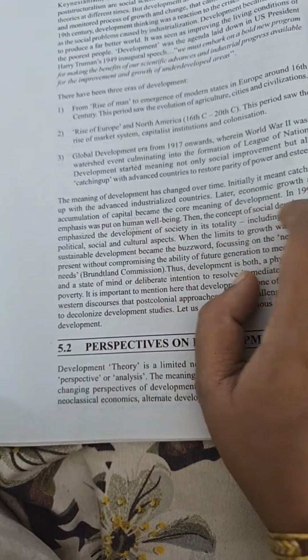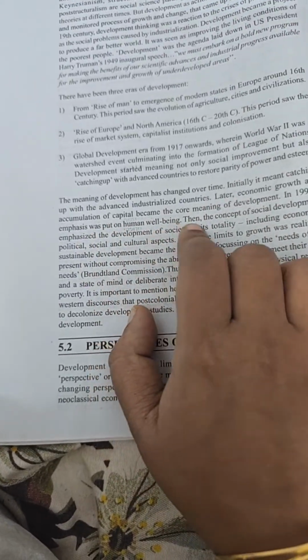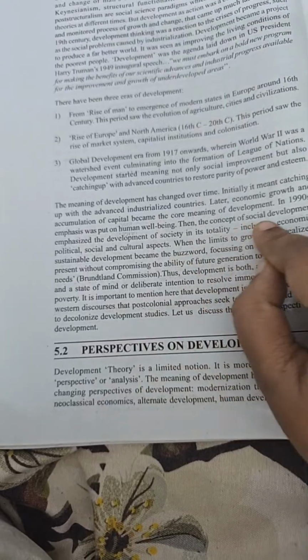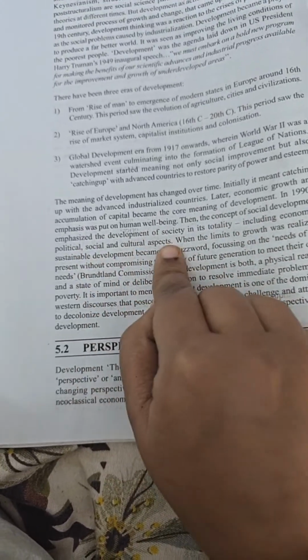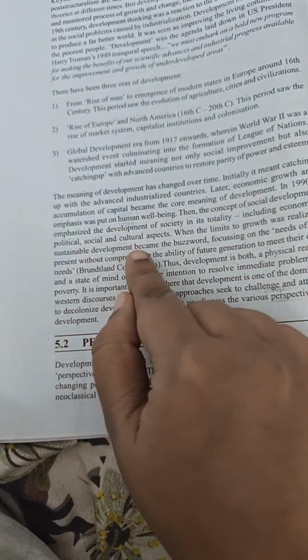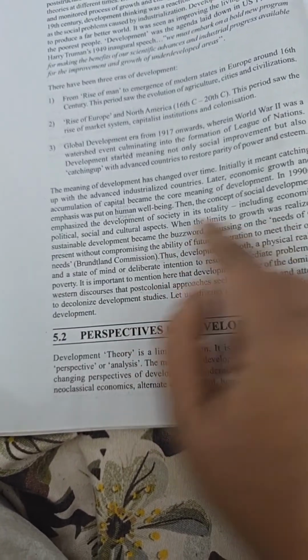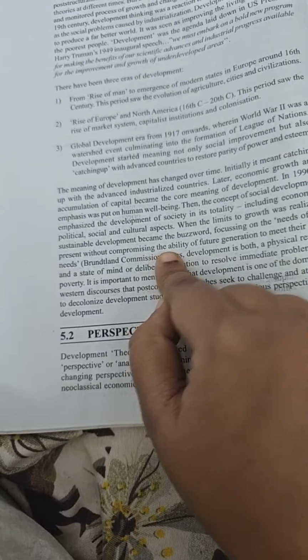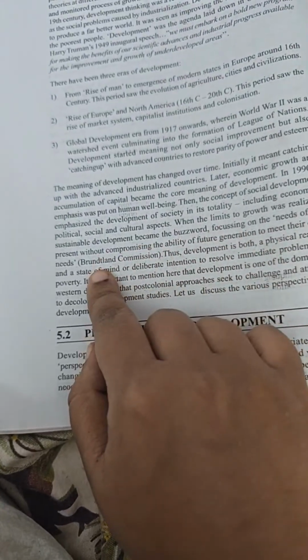In the 1990s, emphasis was put on human well-being, then the concept of social development with political, social and cultural aspects. When the limits to growth were realized, sustainable development became a buzzword, focusing on the needs of the present without compromising the ability of future generations to meet their own needs.